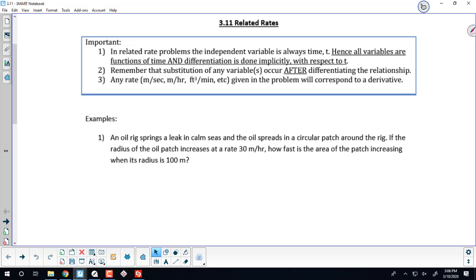So we're going to look at what we're given, and like we said, any rates of change that we are given are going to be a derivative. It says the radius of the oil patch is increasing at 30 meters per hour. What do y'all want to call the radius? What letter? R. Seems natural.